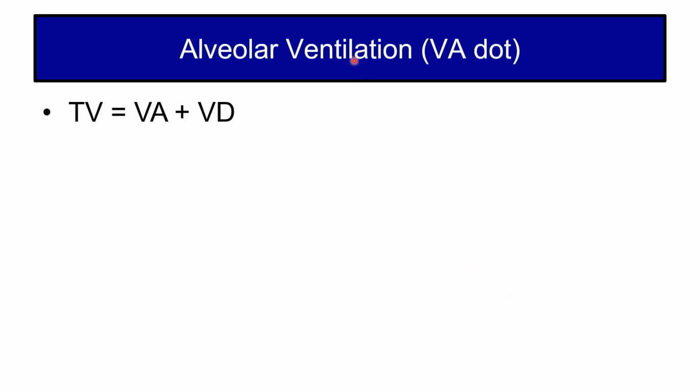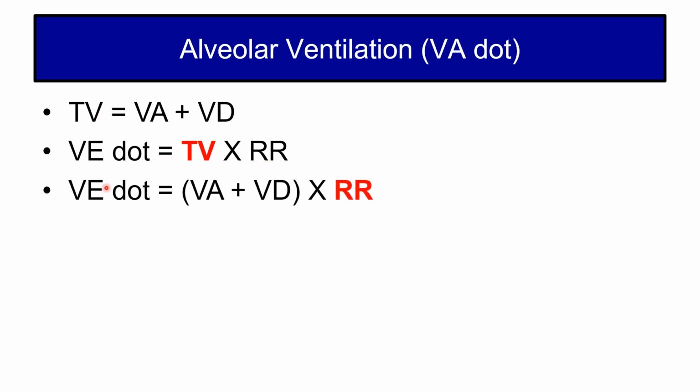So let us now discuss alveolar ventilation, which has a lot of physiologic significance. I mentioned that tidal volume is equal to alveolar space volume plus dead space volume. Your minute ventilation, or your VE dot, is equal to tidal volume times respiratory rate. So we're going to combine these two equations here.